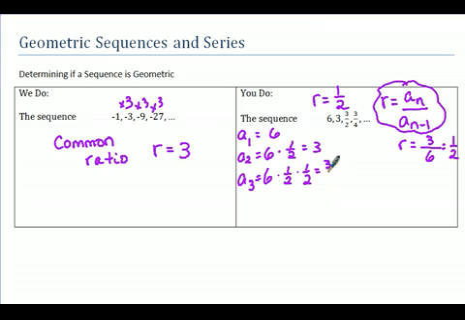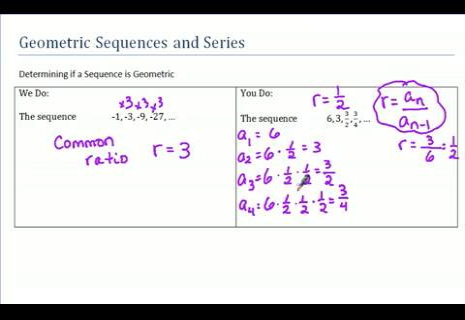And that's going to give me 3/4. I'm sorry, 3/2. It's 6/4, which reduces to 3/2. And finally, the fourth term is the term before, 6 times 1/2 times 1/2, and then we're going to multiply by 1/2 again. And this time we get the answer of 3/4.